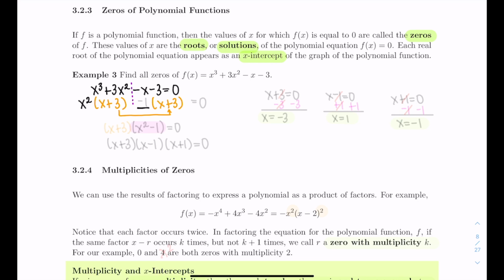So if I have negative x minus 3, what do I need to put in front of x plus 3 to get to that? I would need to put a negative 1. And you can always double check yourself by distributing the number into the x plus 3 to make sure you get negative x minus 3.